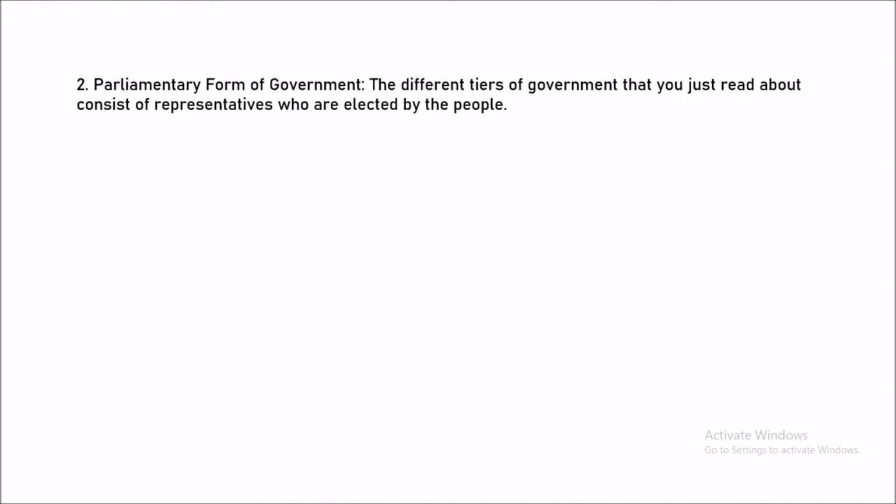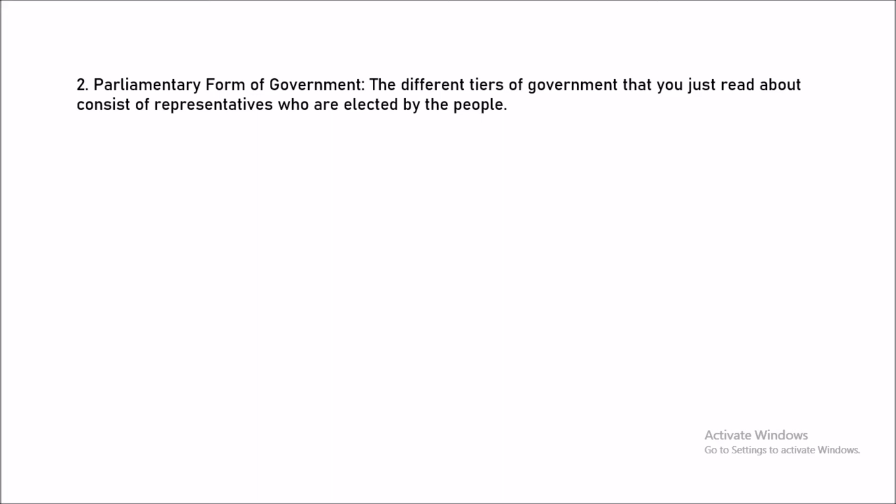The parliamentary form of government has been established in our country to have a representative form of government. The different tiers of government that you just read about consist of representatives who are elected by the people.